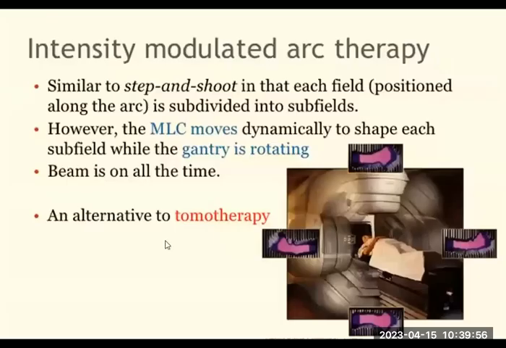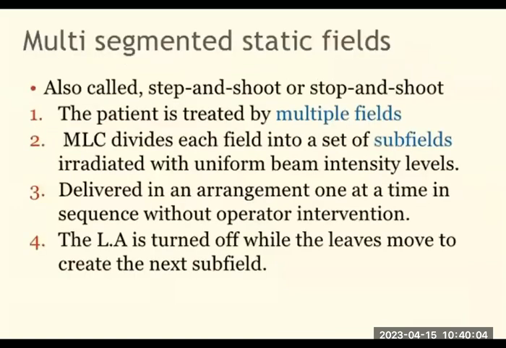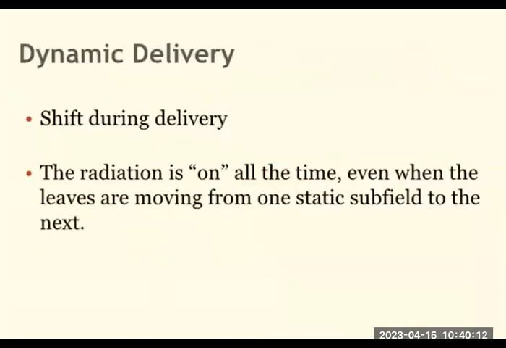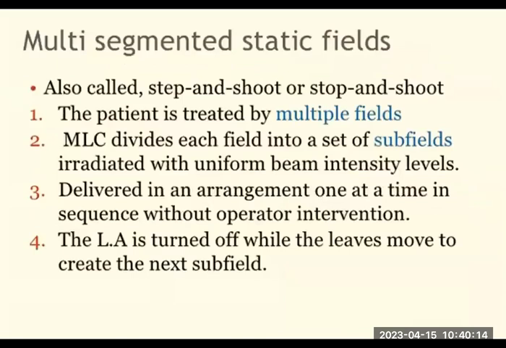Intensity modulated arc therapy is a completely new one, but it always follows the same principles of the dynamic delivery and multi-segmented static field. So here we have a multi-segmented static field, and we can say that it's a combination of dynamic delivery and static field.